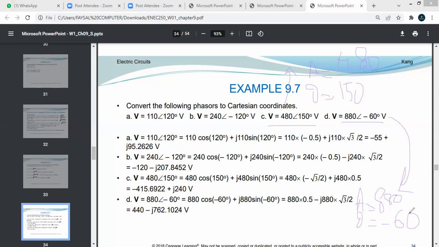The complex number must have a real part and an imaginary part, with a cos of the angle, let's suppose cos of 120, and then sine of 120. By using the calculator, find all these cos and sine values to simplify the numerical. So this is how we can solve example 9.7.